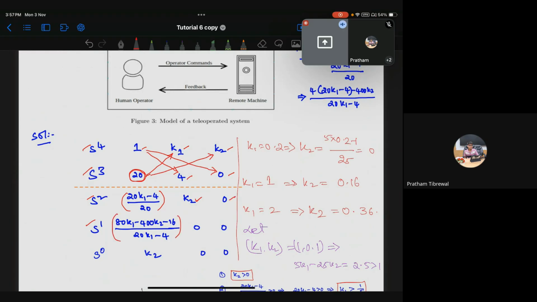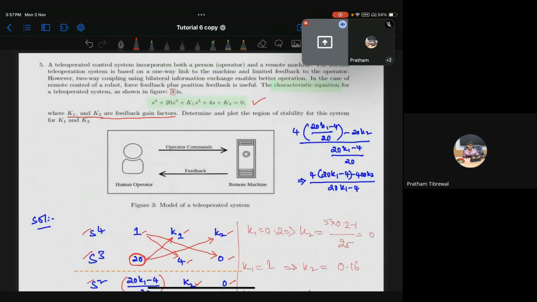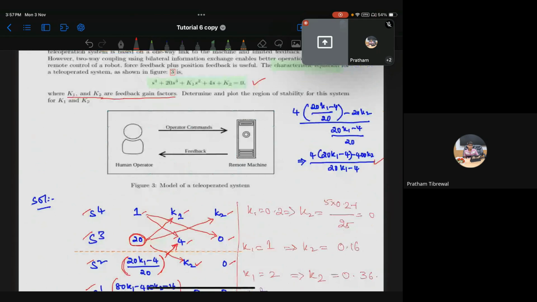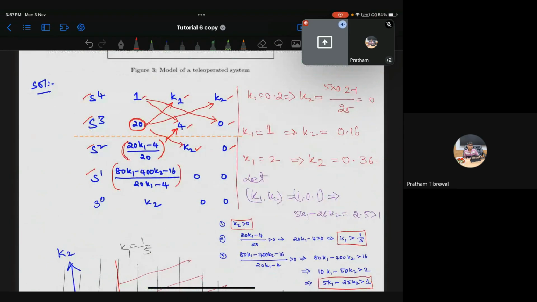You can get this one also, which is this multiplied by 4 minus 20 multiplied by K2, divided by this. So this is the expression you are getting, and the final one is K2.